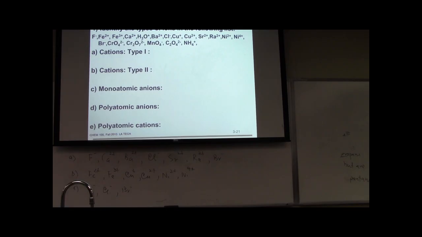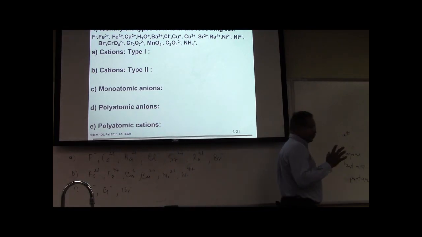All right, that's it. Now E, polyatomic cations. These are anions, right? What is that? Hydronium ion. You heard about that hydronium ion? Hydronium ion is in water, okay? What else? Ammonium ion. It's a polyatomic cation. Is there anything else? No. Now, I'm giving you some examples of what you should do.